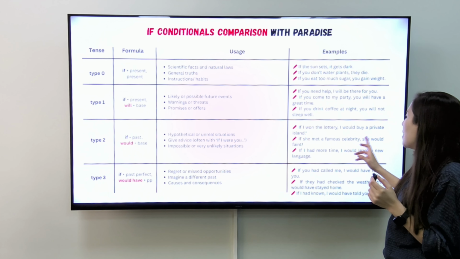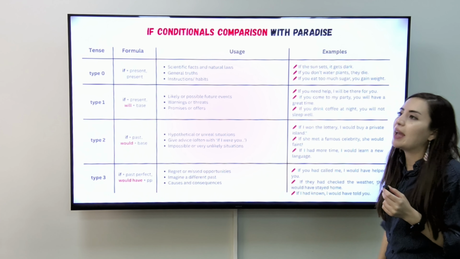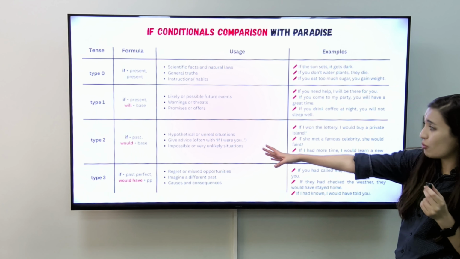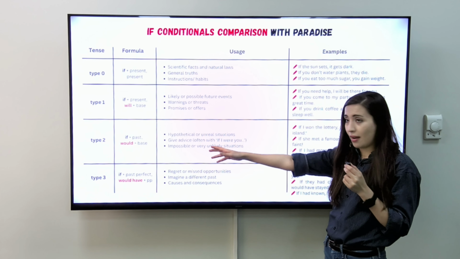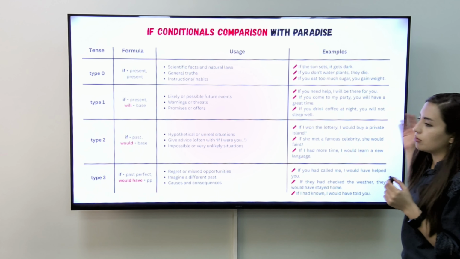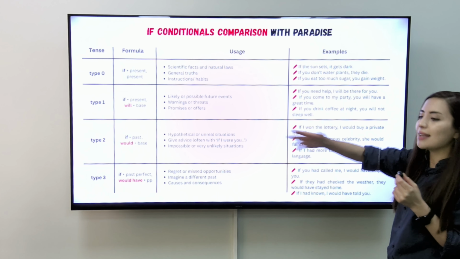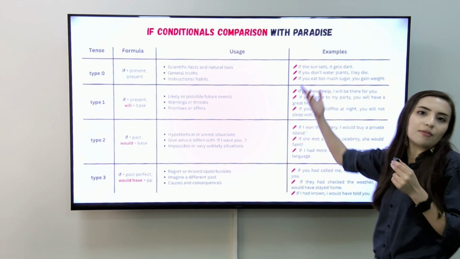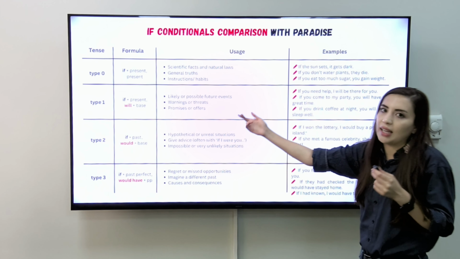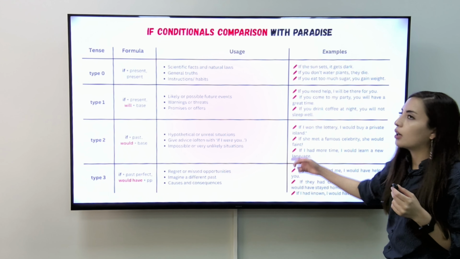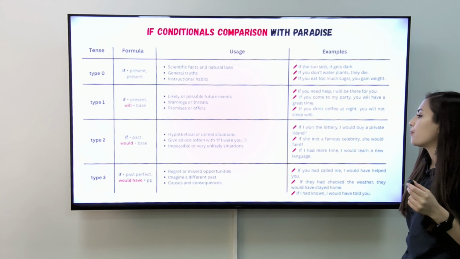If she met a famous celebrity, she would faint. Did she see a celebrity? No, it's very unlikely to happen. So she would faint. Okay, if the first part happens, then we can talk about it. But for now, it's an unlikely situation. If I had more time, I would learn a new language.